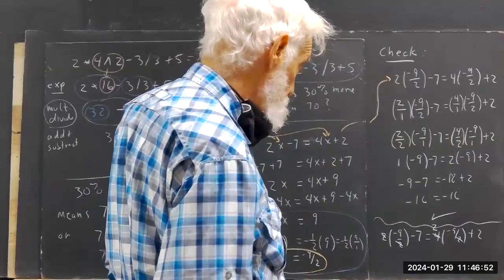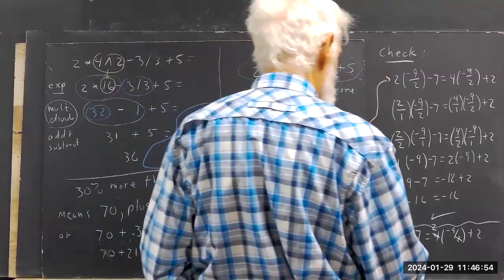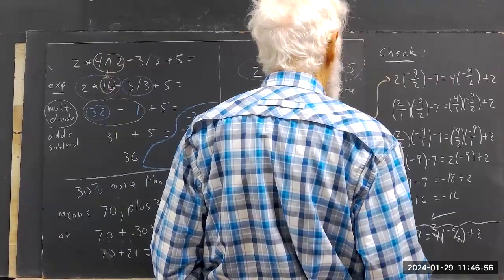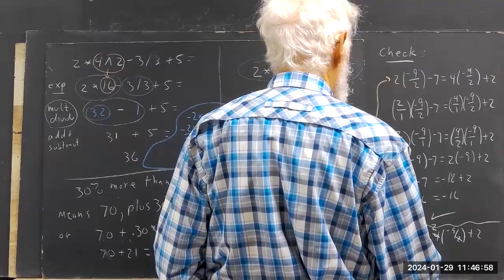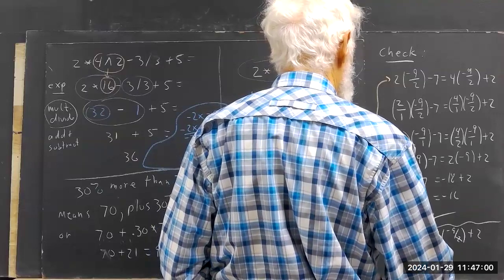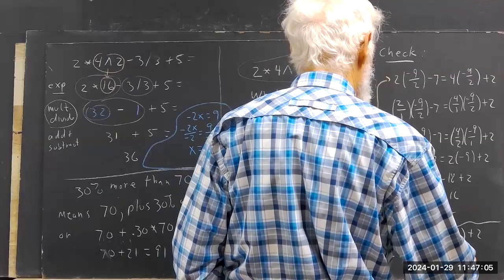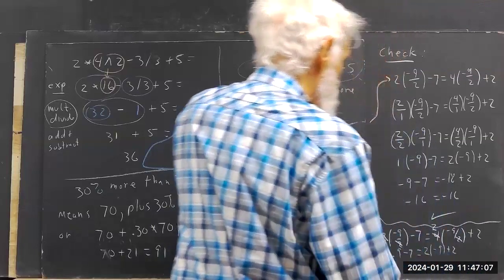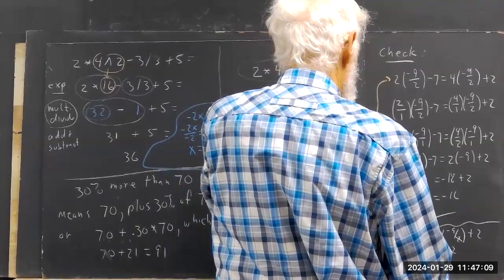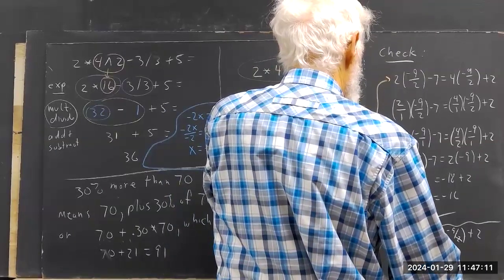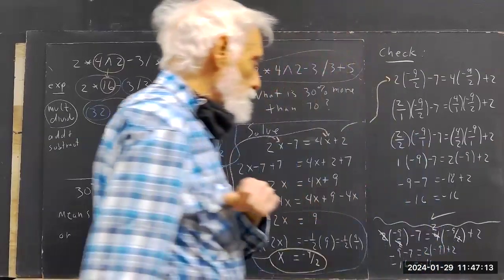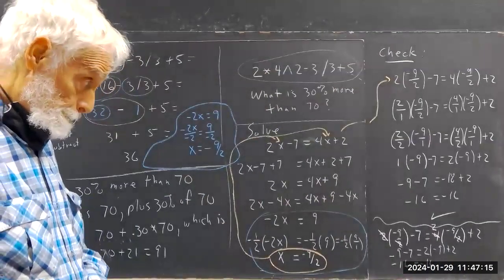Okay. Now this thing looks like an eight, so make sure I crossed it out. Okay. So I get -9 minus 7 equals 2 times -9 plus 2. And I get -16 equals -16.